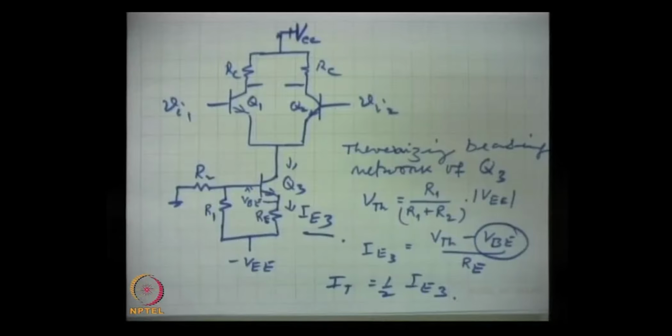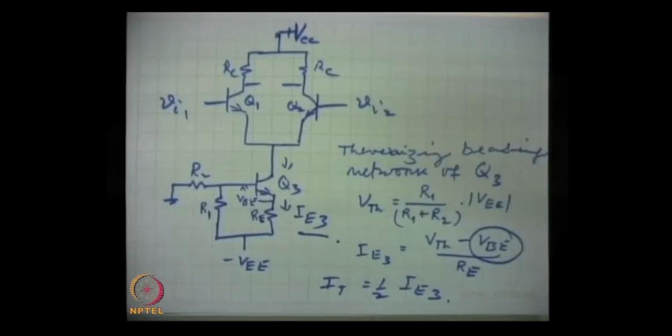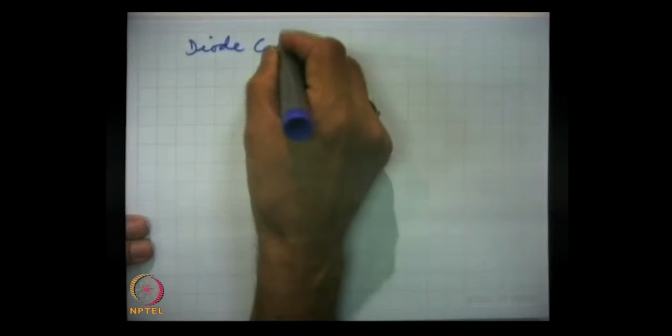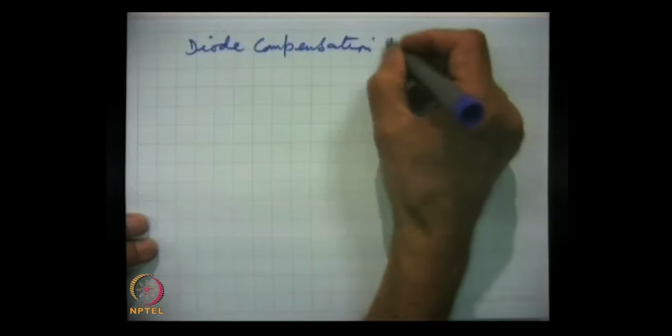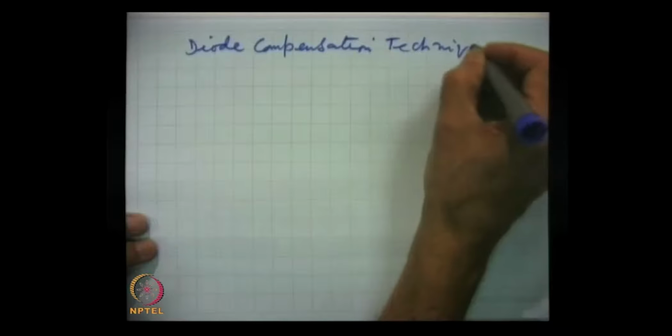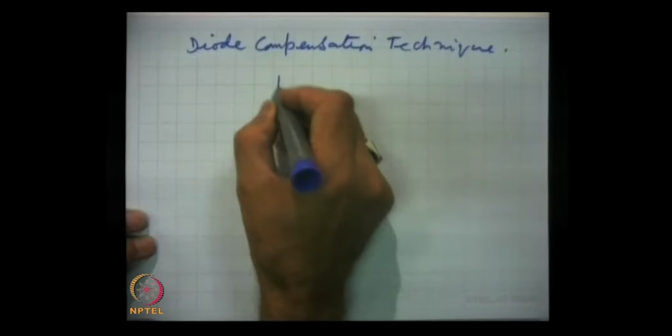And so, one better arrangement than this is if we replace this resistance R1 with 2 diodes. So, this is the diode compensation technique, and the circuit is this.